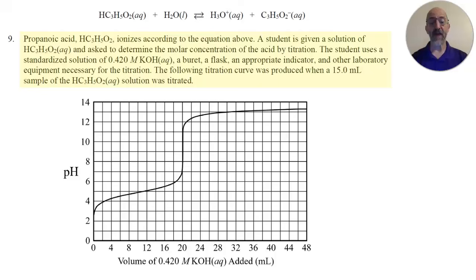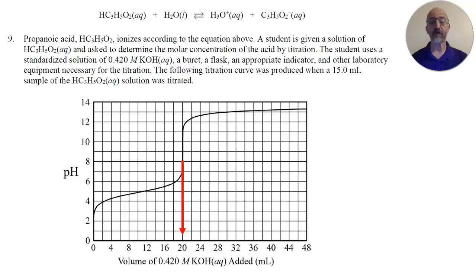Do you see that rapid increase in pH? And where that occurs along the x-axis, that is the location of the equivalence point. So looks like it's going to be at 20 milliliters of the potassium hydroxide that was added. That's how much potassium hydroxide was required to reach the equivalence point.